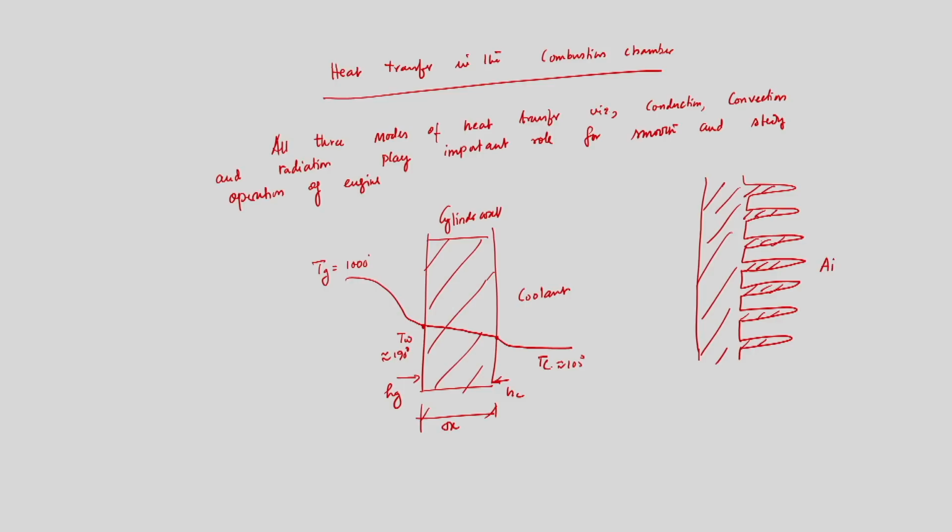This is the air flow. These are fins, or extended surfaces. The same thing is happening: maybe Tg is 1000 degrees and then at the wall Tw is equal to 190 degrees, and this is Hg, and this is the combustion chamber.